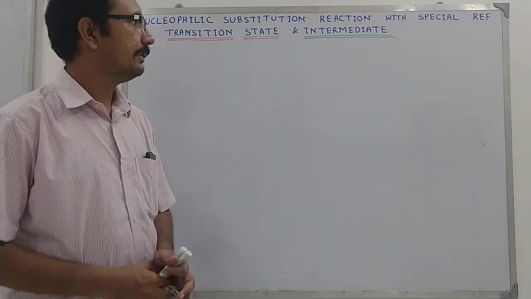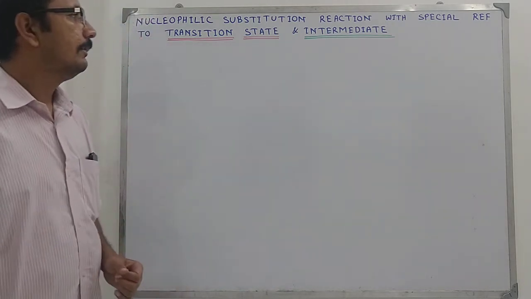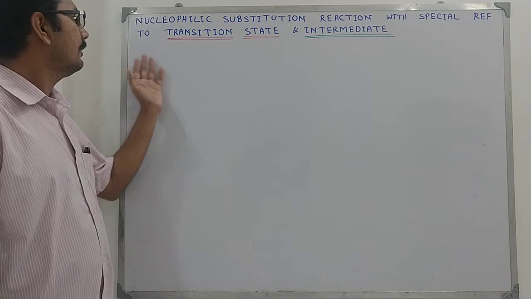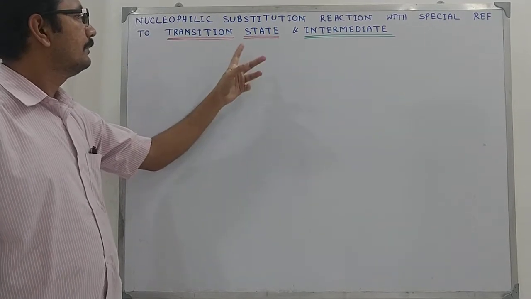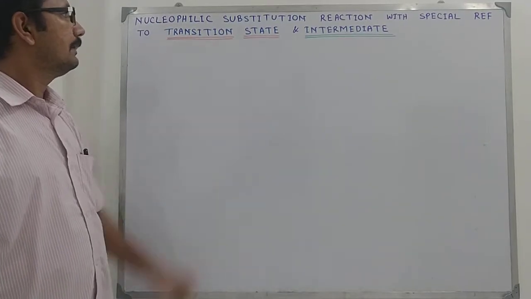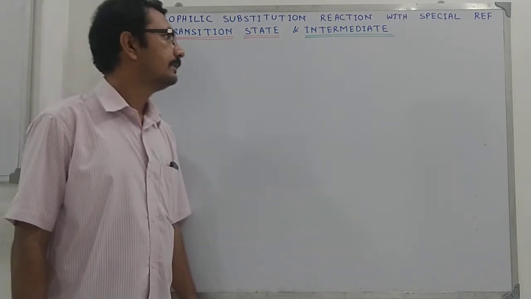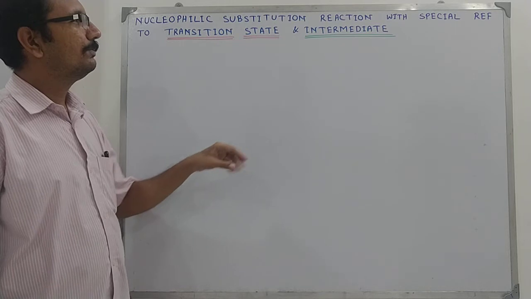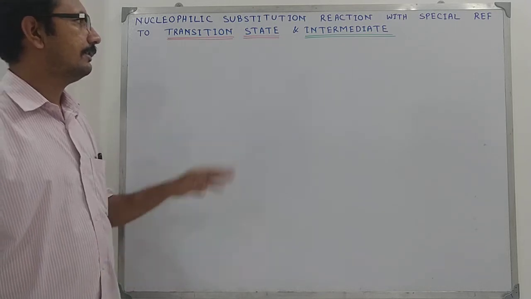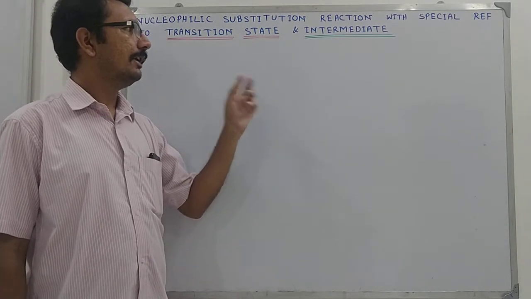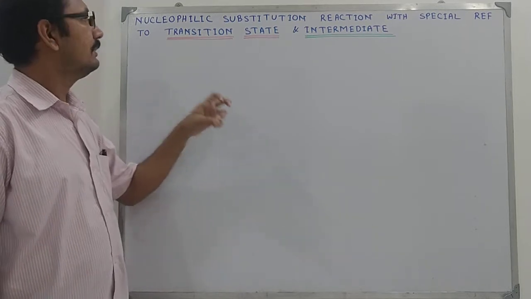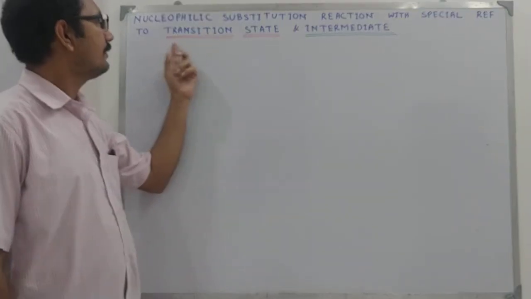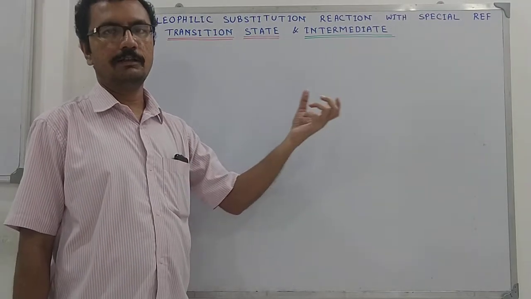This is going to be an important lecture where I will discuss the topic nucleophilic substitution reaction, concentrating on SN1 and SN2, and at the end I will show you the difference between transition state and intermediate.